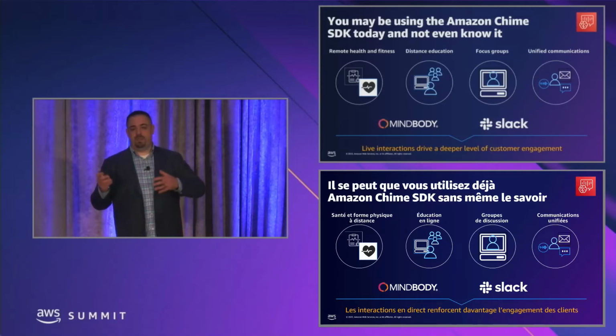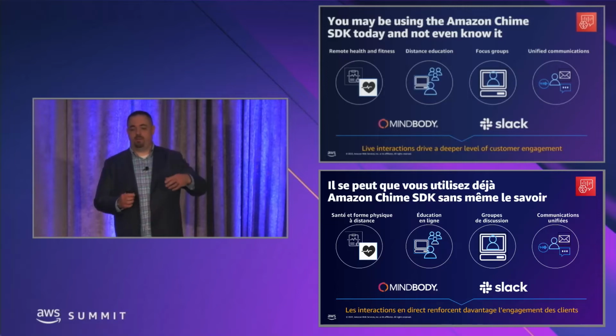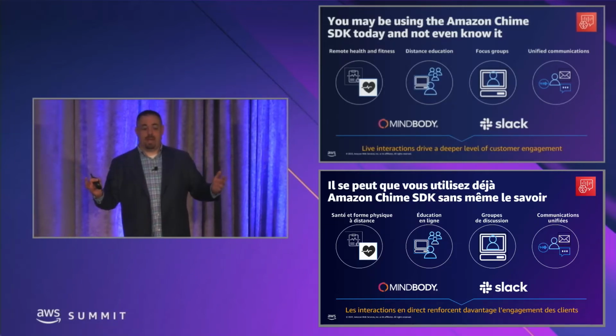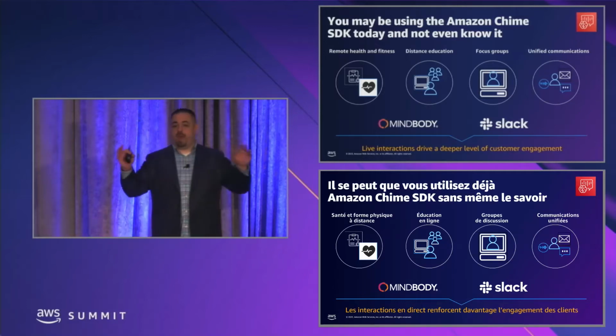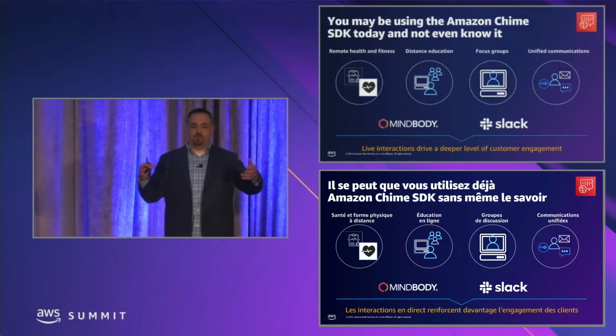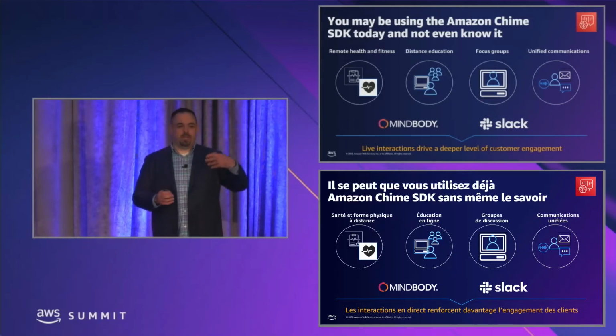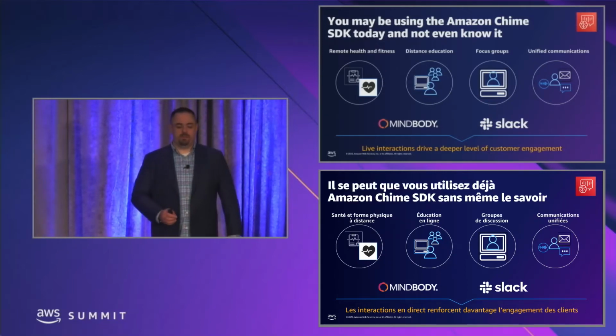So they were able to use the Amazon Chime SDK to build voice and video, real-time interaction, and have these virtual classes of up to 250 people. Right in the same app that the folks in the yoga studio were used to using to control their accounting or billing.